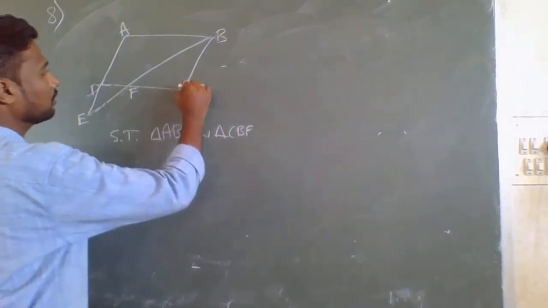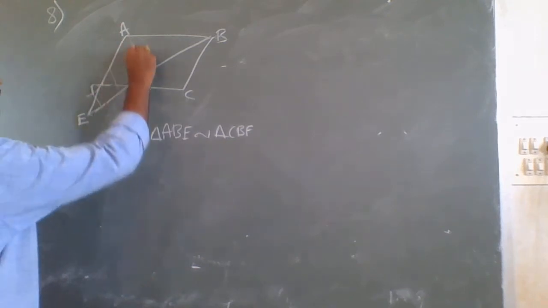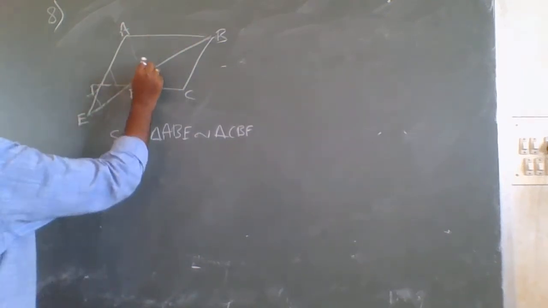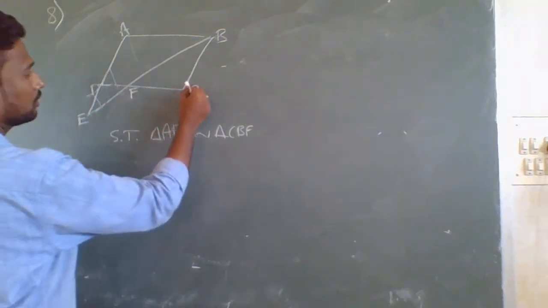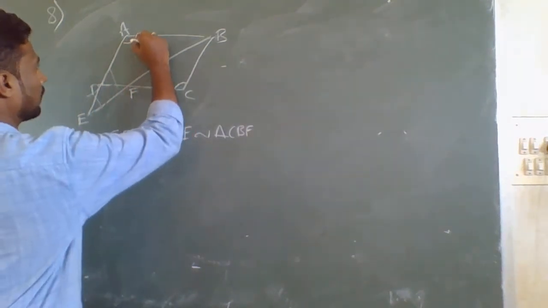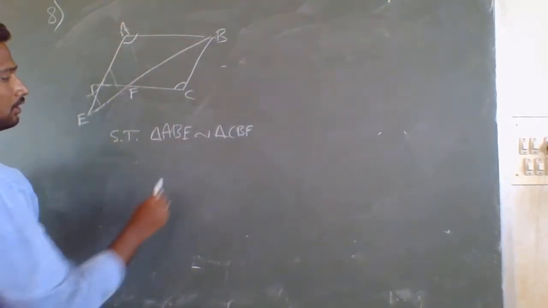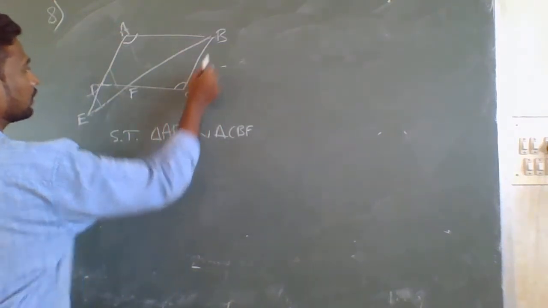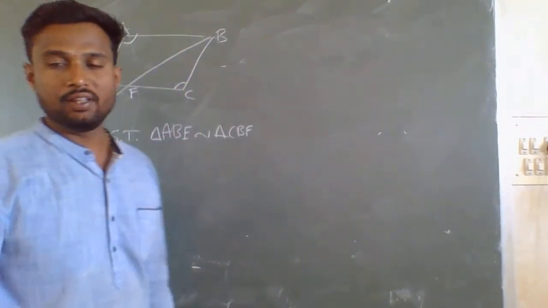what we have here is the parallelogram, this is triangle 1 ABE and this is triangle 2 CBF. Here angle A is equal to angle C. Angle A is in triangle ABE and angle C is in triangle CBF. Why?